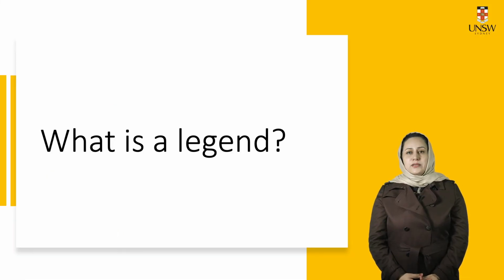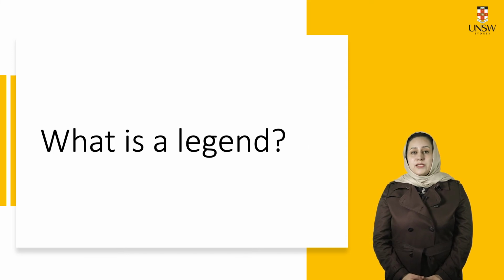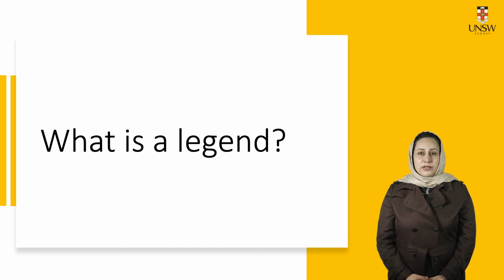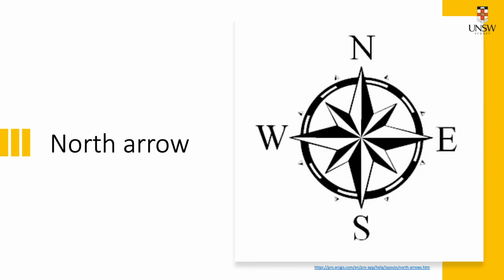What is a legend? A legend consists of symbols, colors, and labels, and from a legend we can better understand the meaning of symbols and colors used in the map. What is a north arrow? A north arrow maintains a connection to a map frame and indicates the orientation of the map inside the frame. When the map rotates, the north arrow element rotates with it.